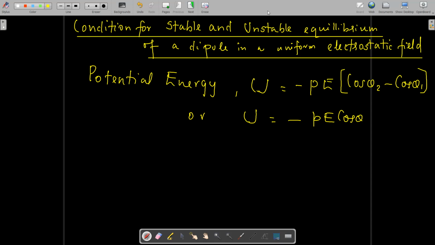Okay, for stable equilibrium, potential energy must be minimum. What is the condition for stable equilibrium? For stable equilibrium, writing EQM, equilibrium, potential energy must be minimum.